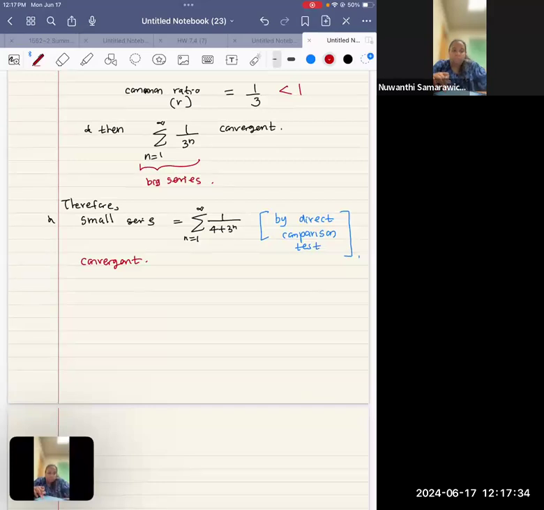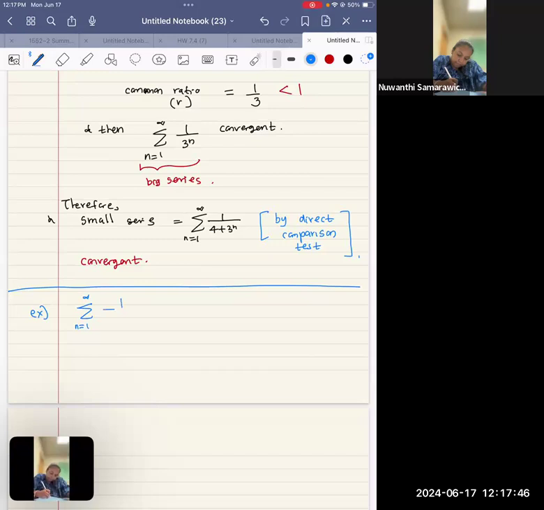Okay, so then let's do another one. Now you have to think a little bit about what series we are going to compare. N to the power 3 plus 5. Whether this is convergent or divergent.